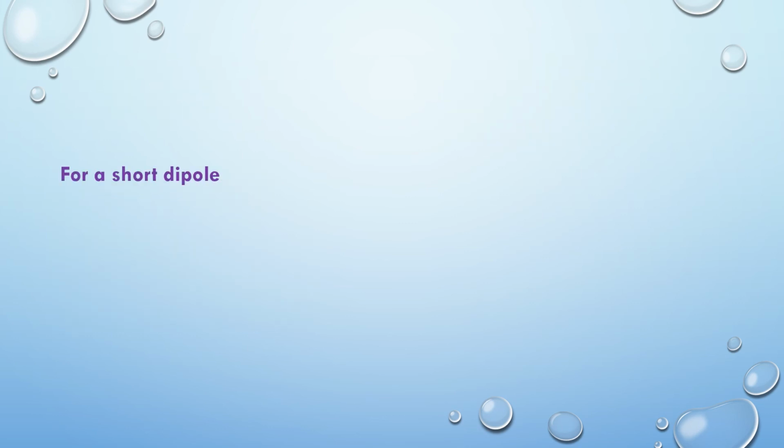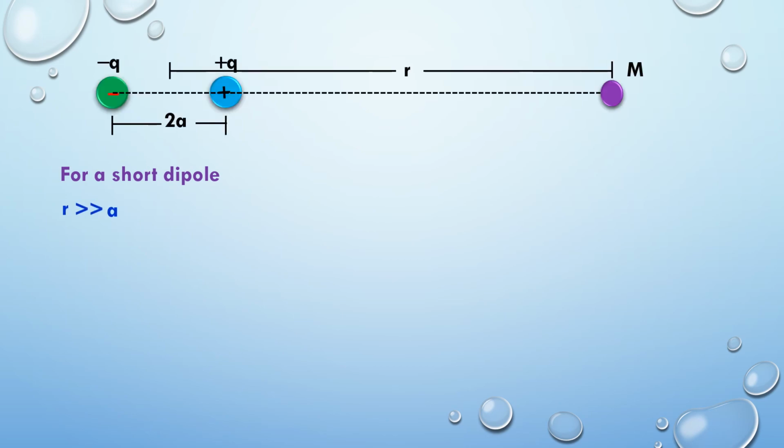Further, if I consider a short dipole, for a short dipole we know r is much greater than a. It means the distance from the center to that point is much greater than the length of the dipole from the center.